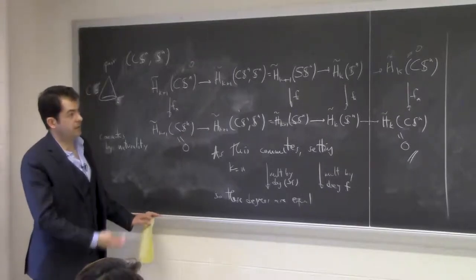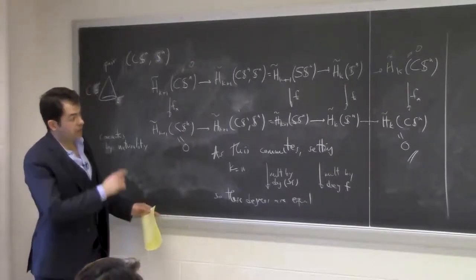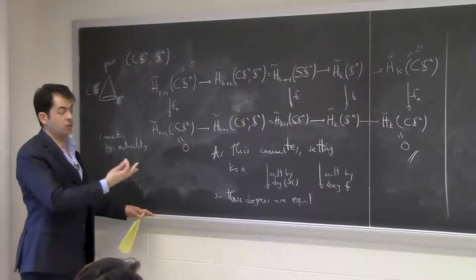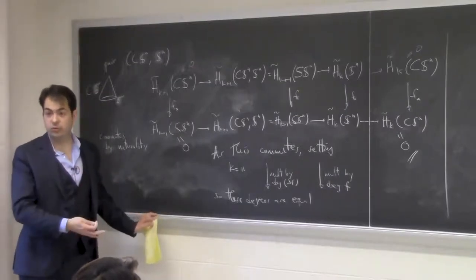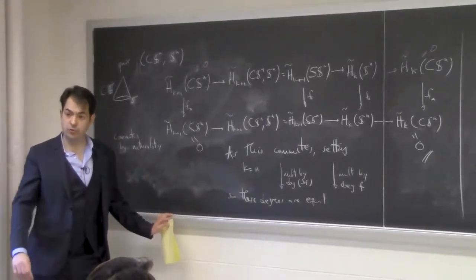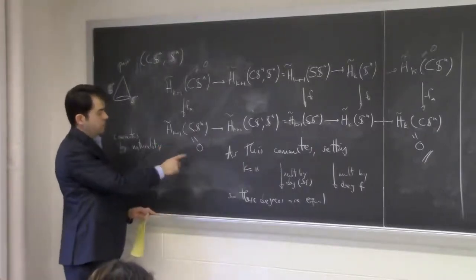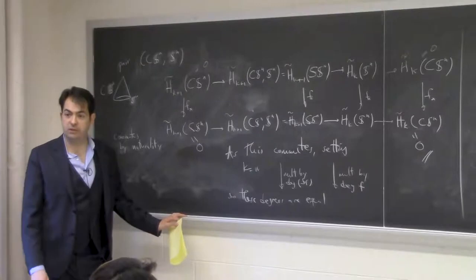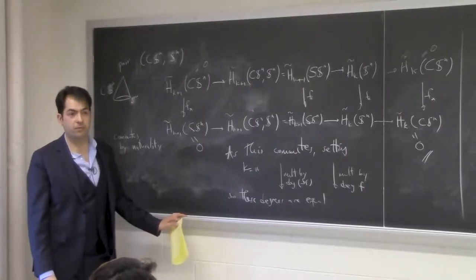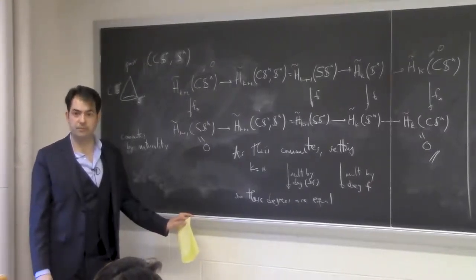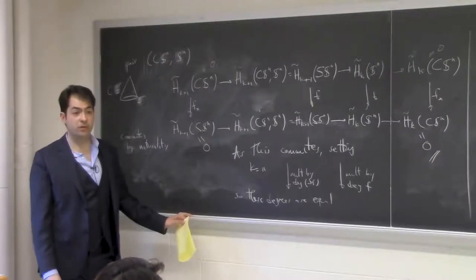Directly from the definition. Otherwise, every time you have a long exact sequence in singular homology, you have a long exact sequence in reduced singular homology. So it's just up to you which one you use. But reduced is convenient because then you don't have to make distinctions for the zeroth group. Yes, more questions on this?